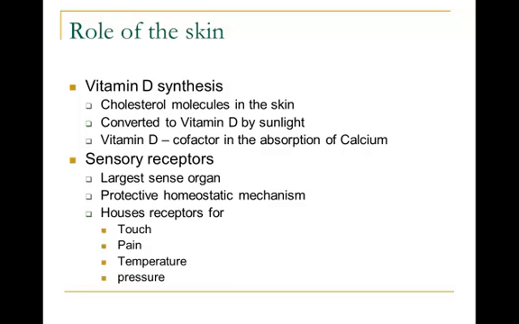And then lastly, your sensory receptors. We reviewed some types of sensory receptors that we have embedded in our skin, and our skin is our largest sense organ. It is a very intimate sense that we have with our touch, and so again, it's protective.